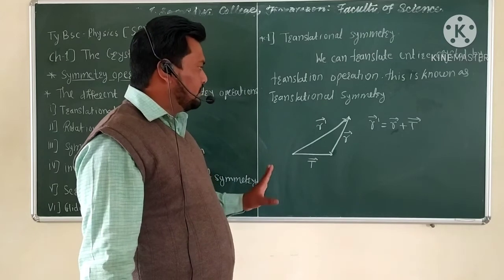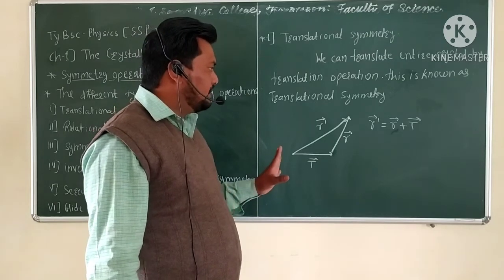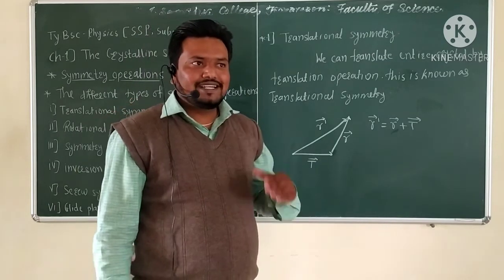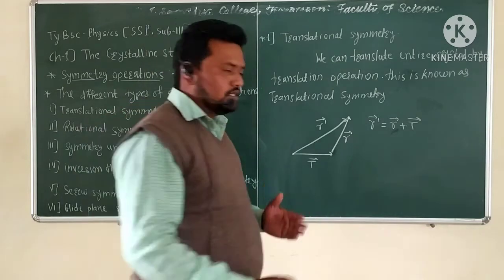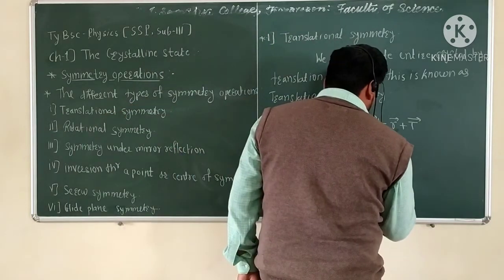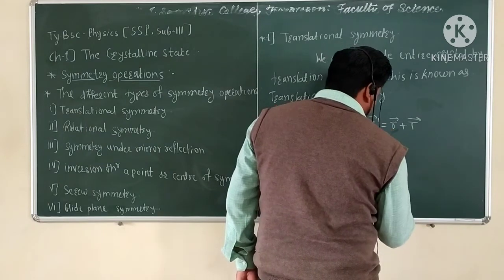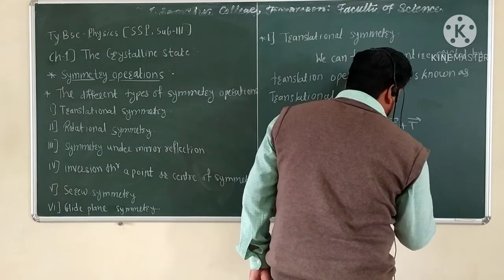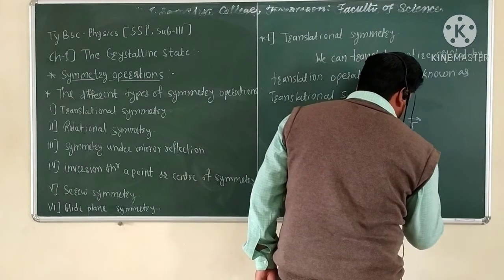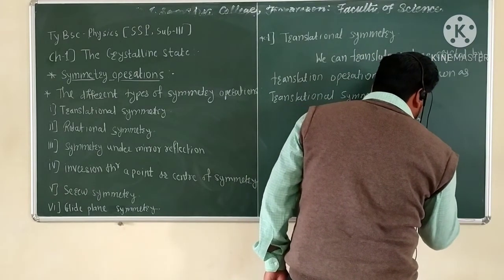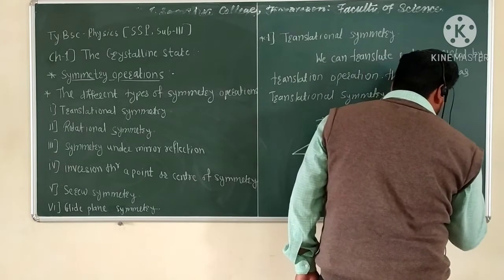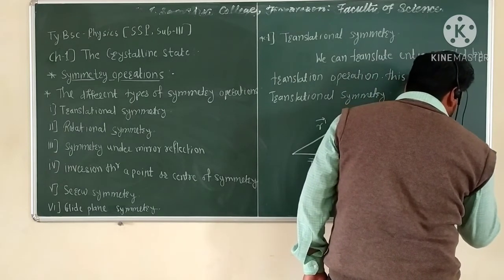In three-dimensional space, the translation operator T bar is equal to n1 into a bar plus n2 into b bar plus n3 into c bar.